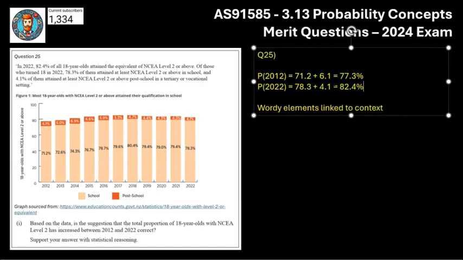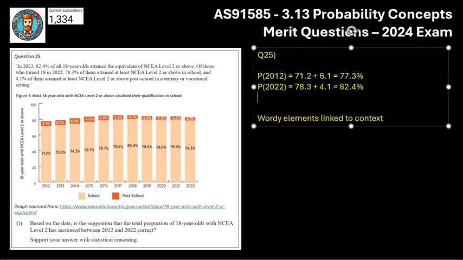And when I looked into it, of note, I'm going to do a third calculation. I actually looked at the 2018 number as well. If you look at this 2018 number here, it was 80.4 plus 4.7, and that was 85.1%.